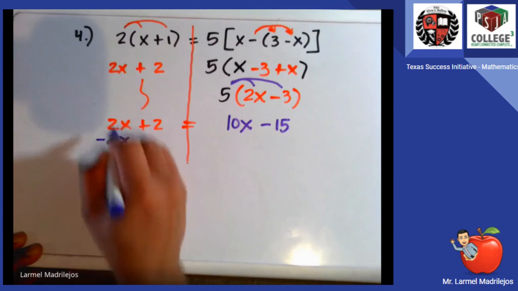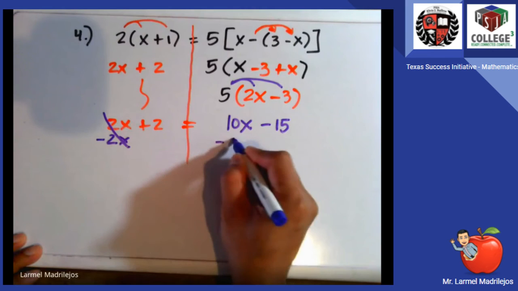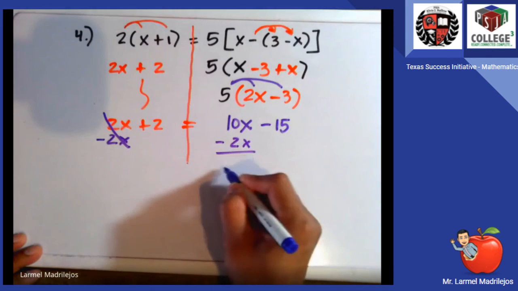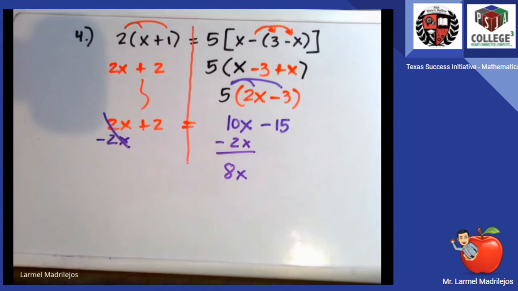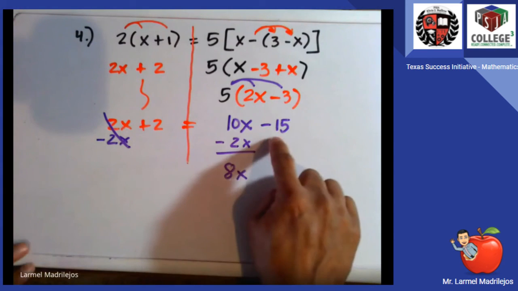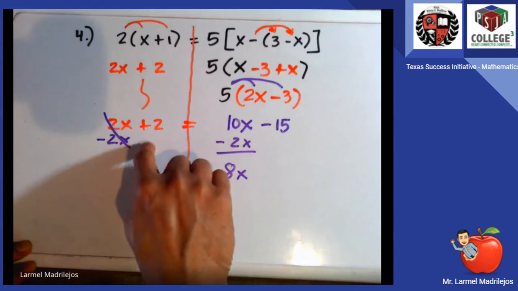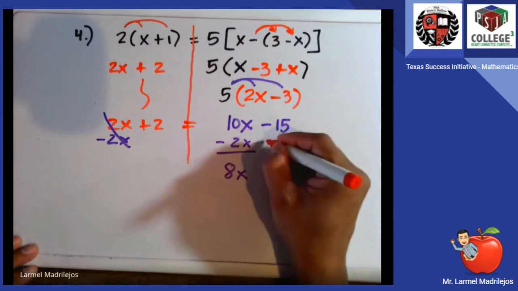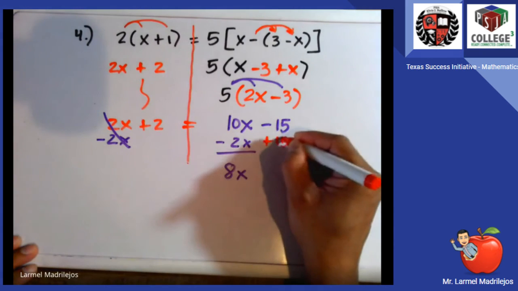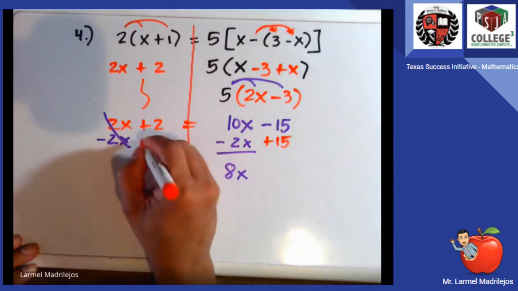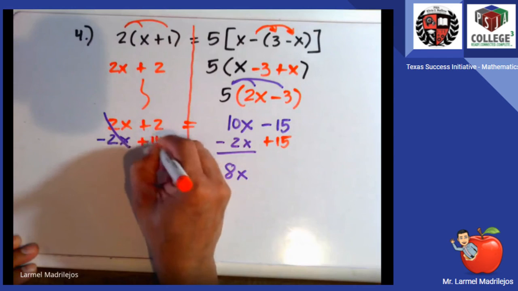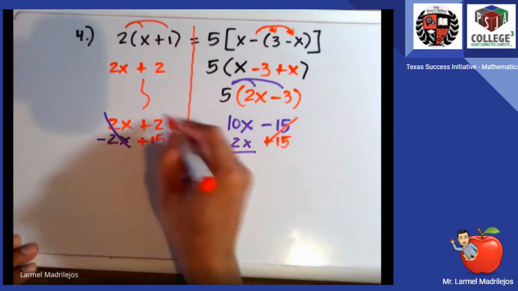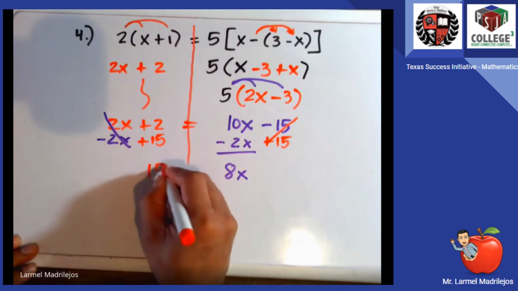That gives me 0, so 10x minus 2x gives me 8x. Now I need to move this to the left side of my equation. The opposite of negative 15 is plus 15. This is going to be plus 15. 2 plus 15 gives me 17.